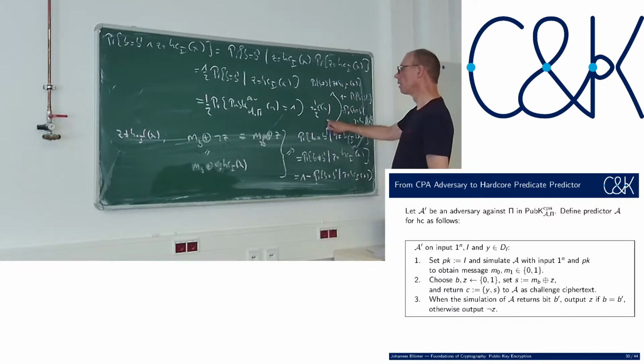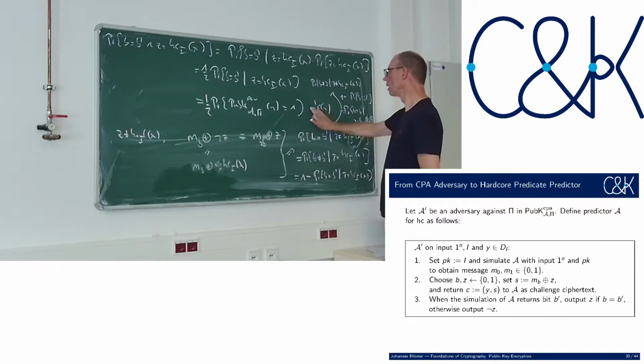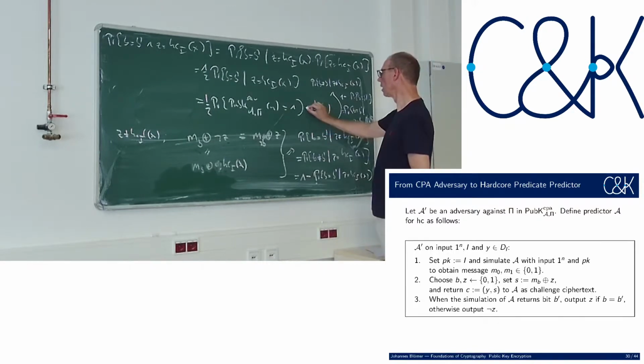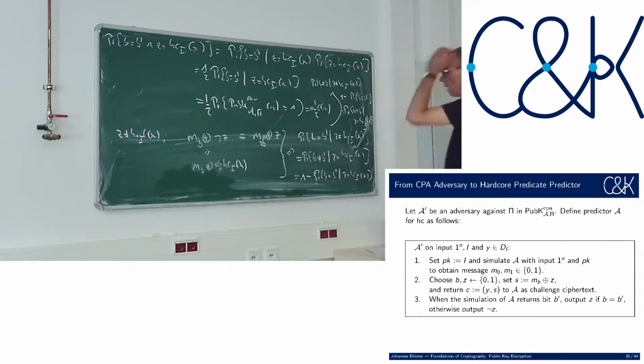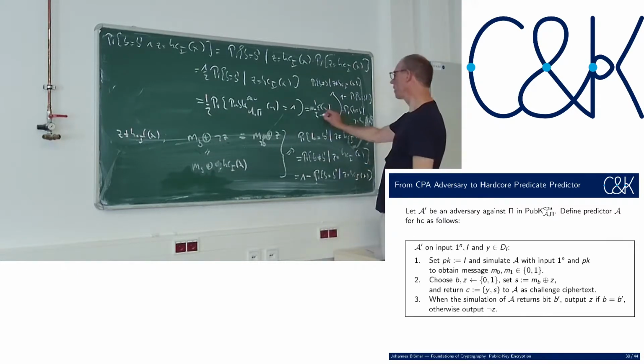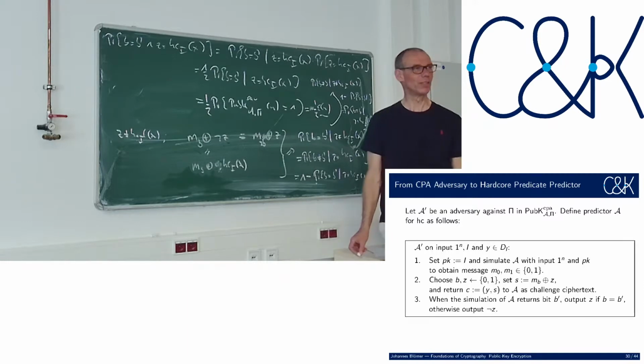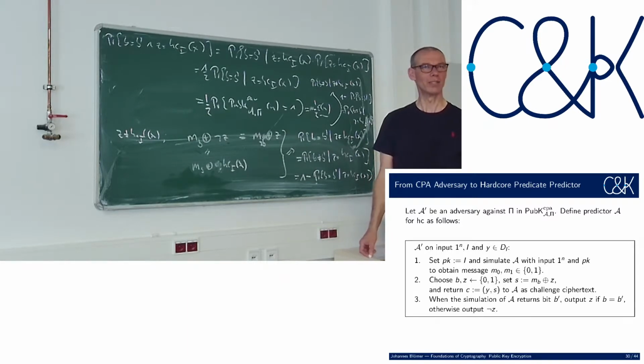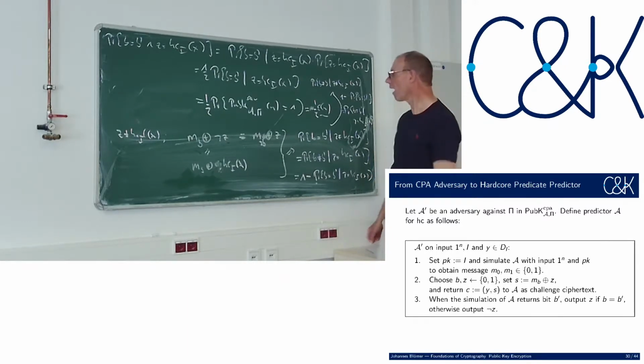Yeah, this probability of public key swapping is roughly 1/2, and therefore it's not negligible. But apart from that, this should be the probability. No. I have here the advantage in here. Yeah, I have to deal with that. Yeah, sorry. Yeah, I forgot that. Yeah.